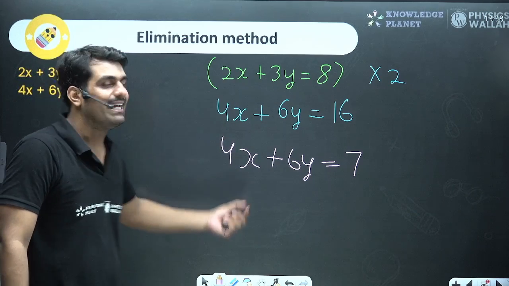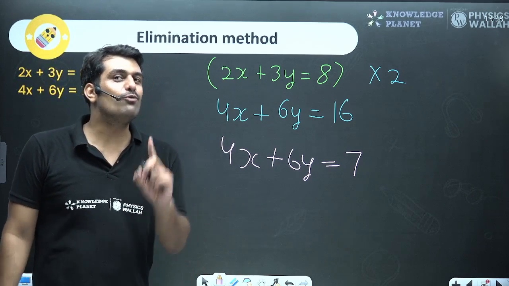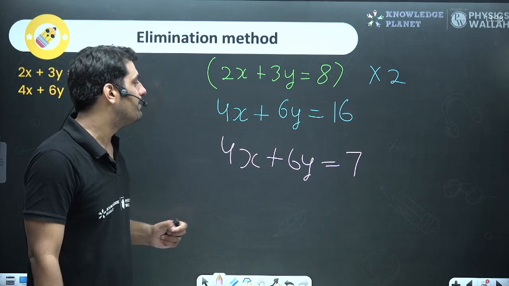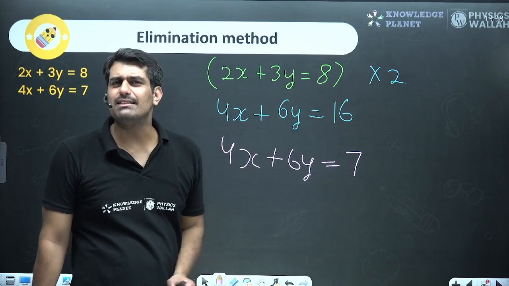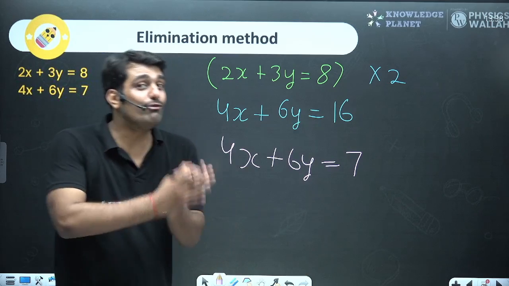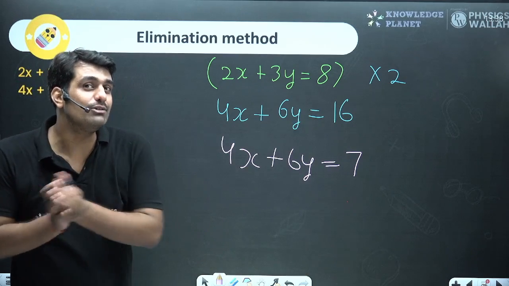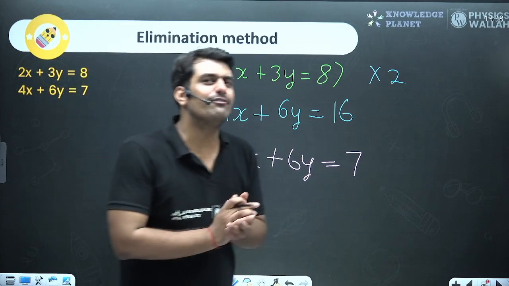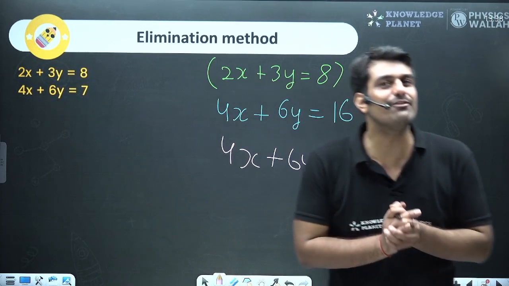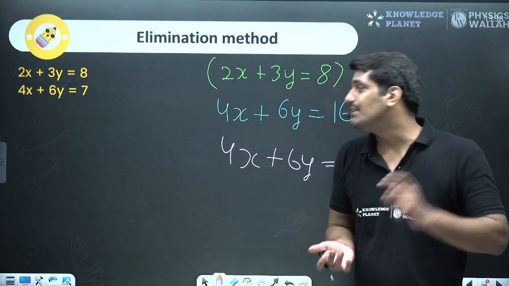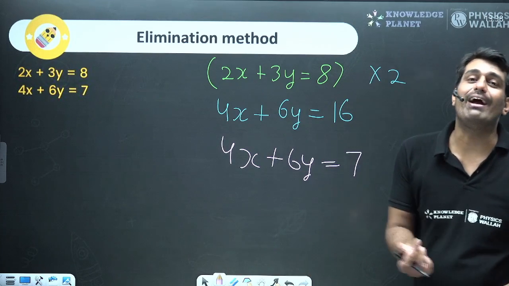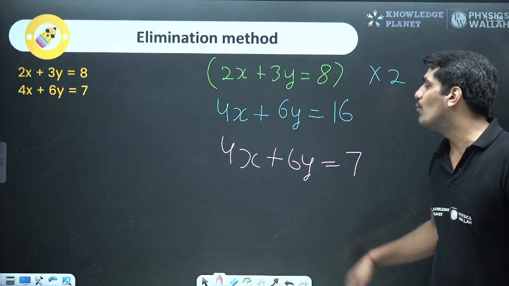One thing I want you to observe over here: 4 upon 4, 6 upon 6, 16 upon 7. What is happening, sir? A1 by A2 equals B1 by B2, not equal to C1 by C2. Will you find the solution in the first place? No, you cannot find the solution, because the elimination method will also not be able to provide a unique solution for this scenario.